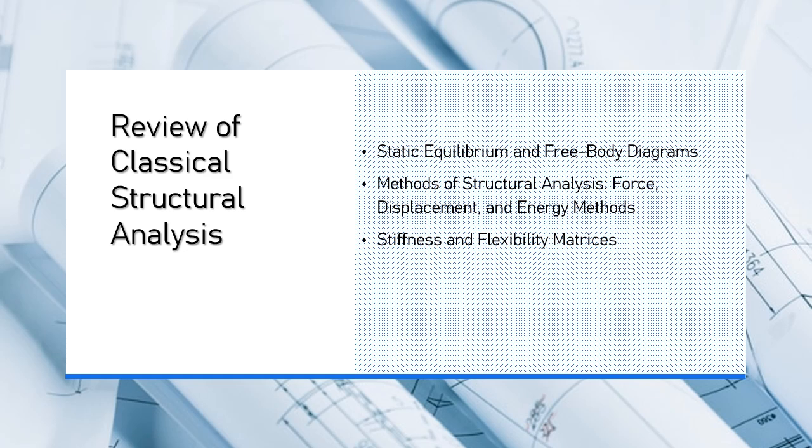Example problem: simply supported beam. Consider a simply supported beam with a uniform load and a point load acting at the center. We want to calculate the reactions at the supports. Step 1. Draw the free body diagram, isolating the beam and showing all applied loads and reactions. Step 2.